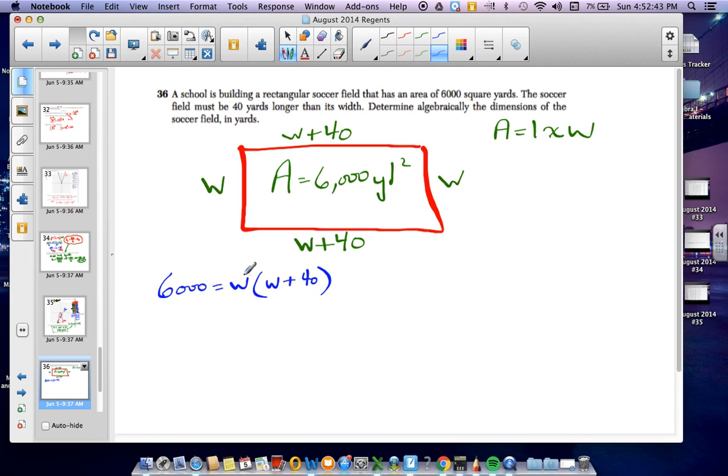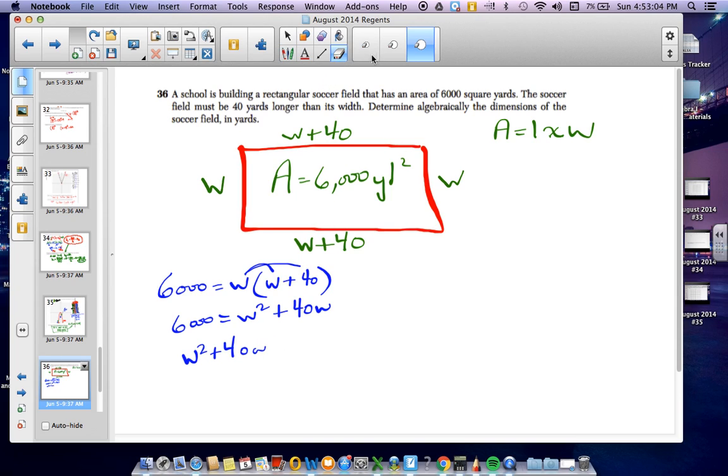And this is where our quadratic starts, because once we distribute, right away we see a squared term, a quadratic equation. Okay, so I'm going to subtract 6,000 from both sides to get this quadratic in standard form. It's a W. Let's fix that. Equals 0.